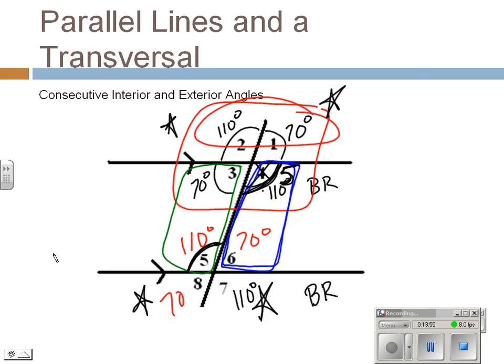So let's say I wrote that this is angle 5. Then you can clearly see that angle 3 and angle 5 make a straight line or a straight angle. And so 3 and 5 are supplementary. They add up to 180 degrees. So it's just another way to think about that.